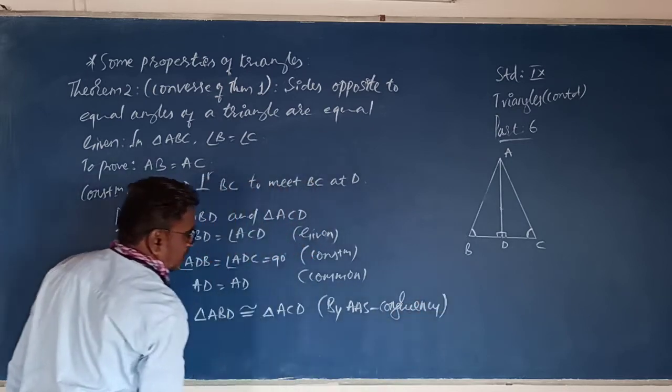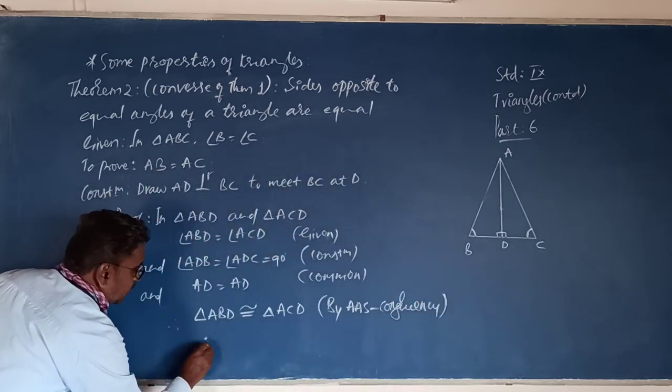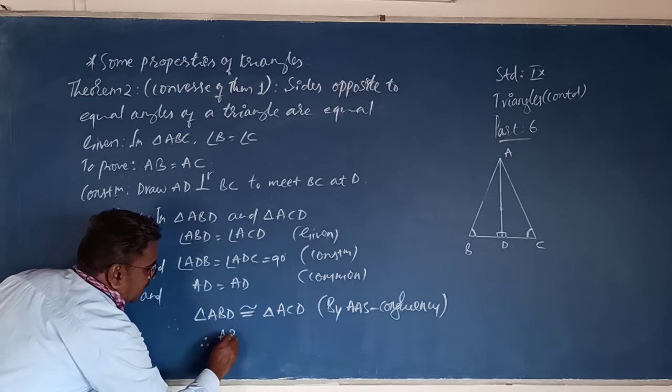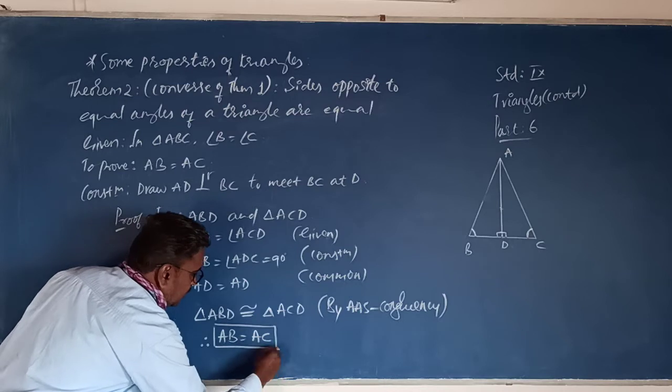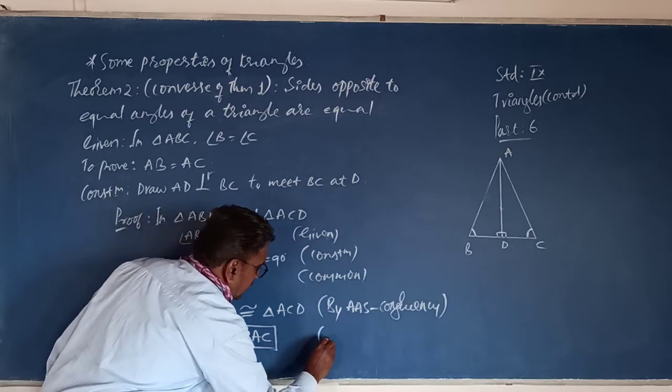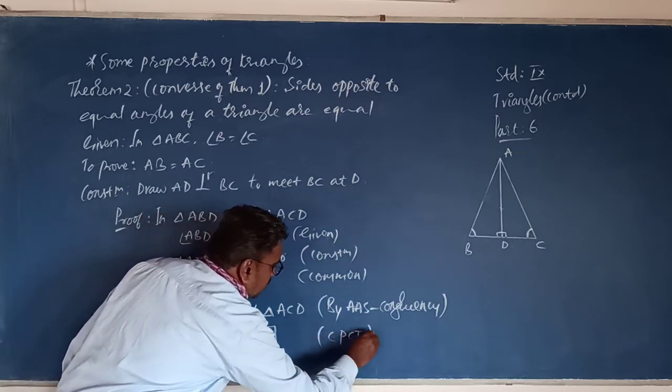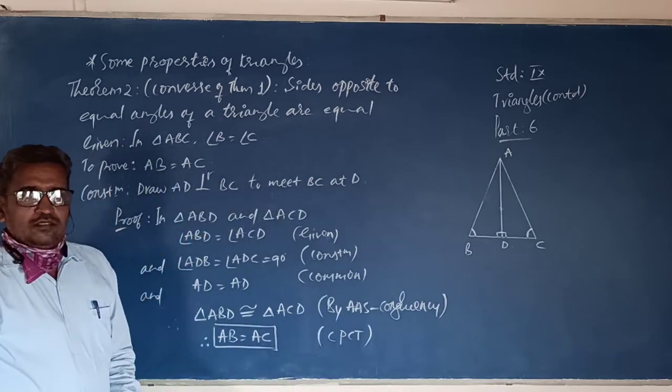Therefore, AB equals AC, by corresponding parts of congruent triangles.